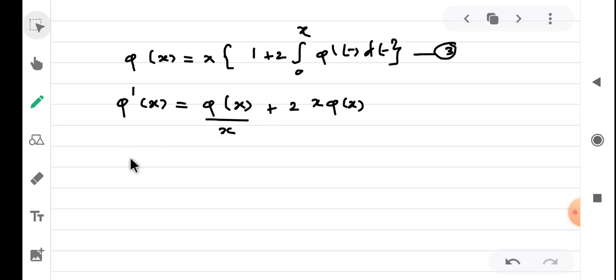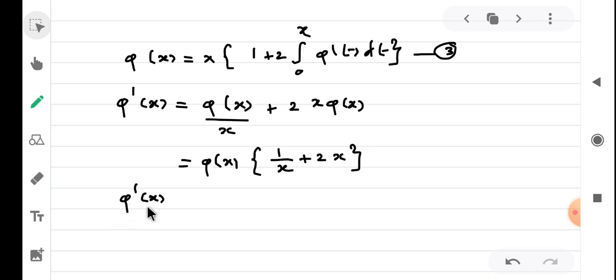Okay, right, so here also phi of x, so just pull out phi of x outside, so it will become 1 by x plus 2x, and then bring this phi of x to this side, so phi dash of x divided by phi of x is equal to 1 by x plus 2x.